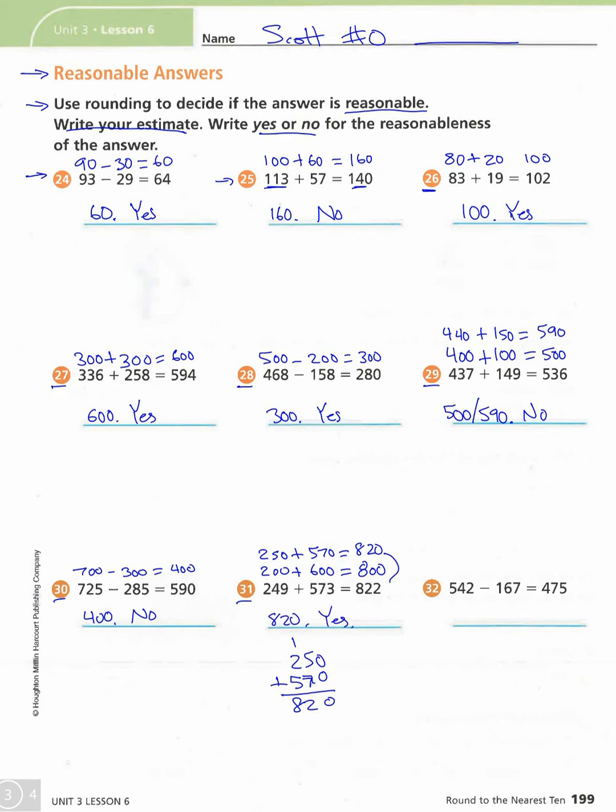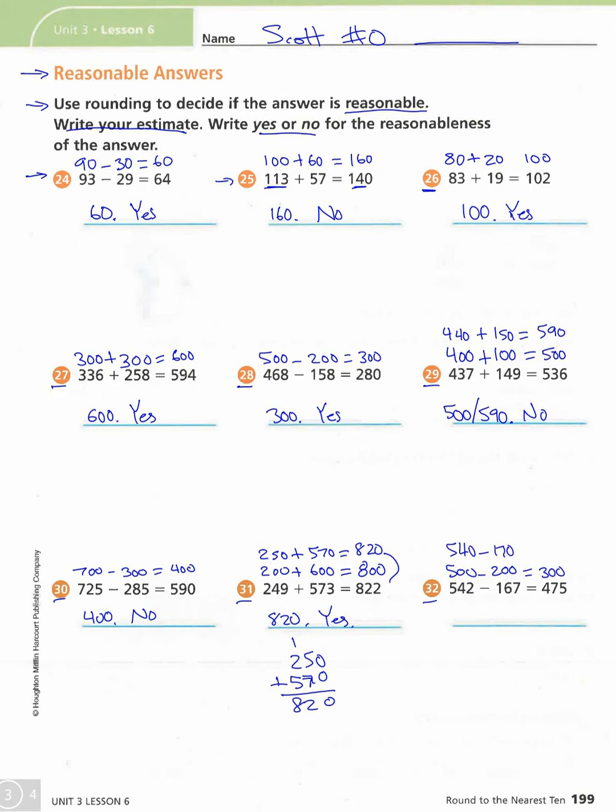All right, let's try this both ways with number 32 now too. 500 minus 200 equals 300, which is way off. So I'm going to say no, not right away. But let's try it again. We're rounding to the tens this time: 540 minus 170.